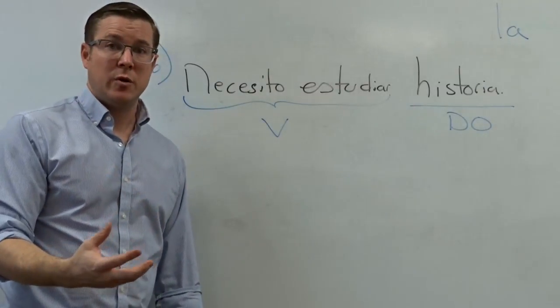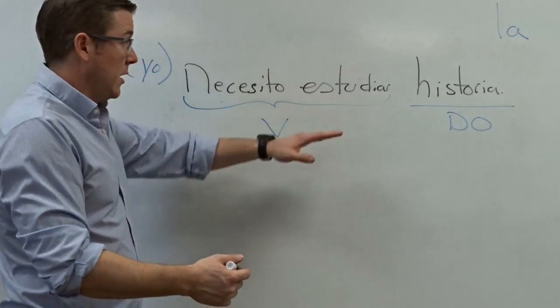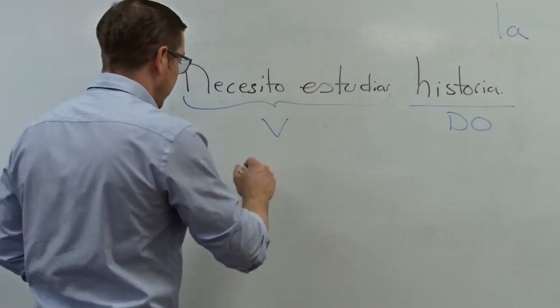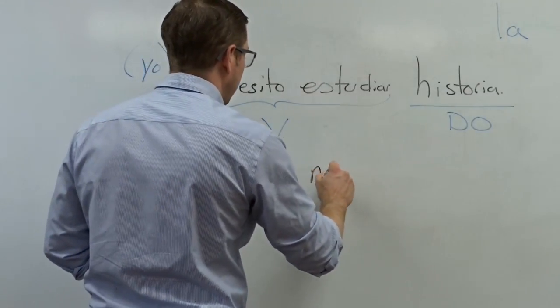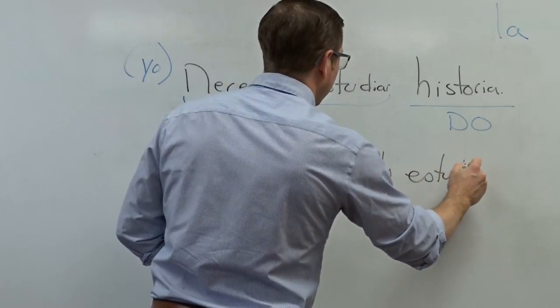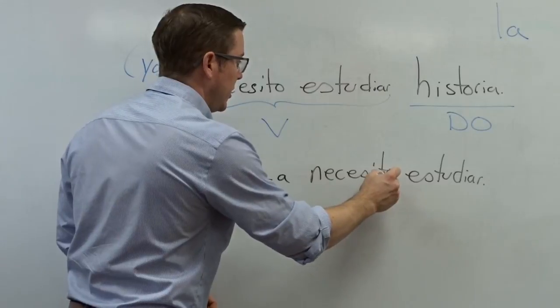Following what I just told you about where to place the object pronoun, we can replace historia with la by putting it before the conjugated verb. No problem. La necesito estudiar. La comes before the conjugated verb.